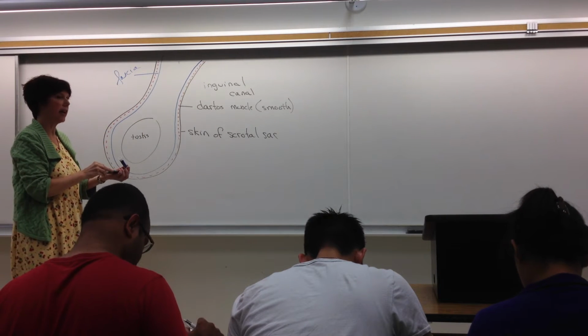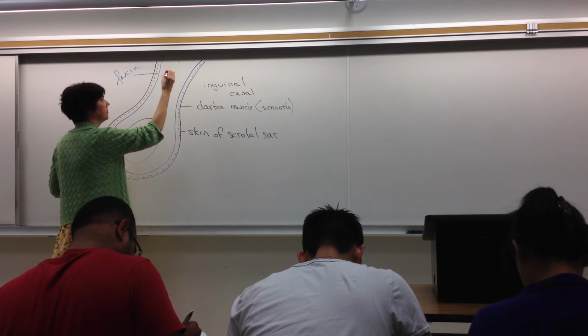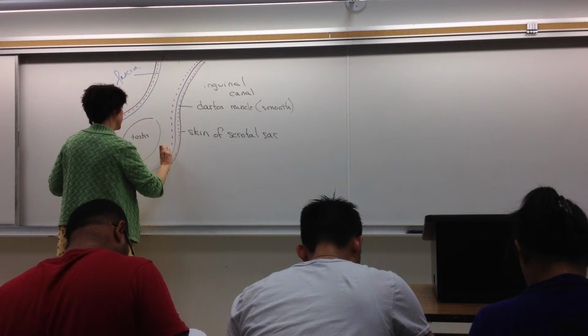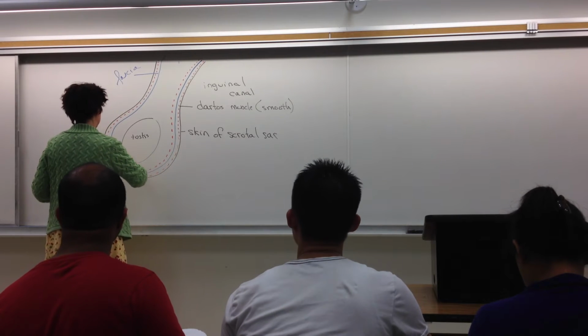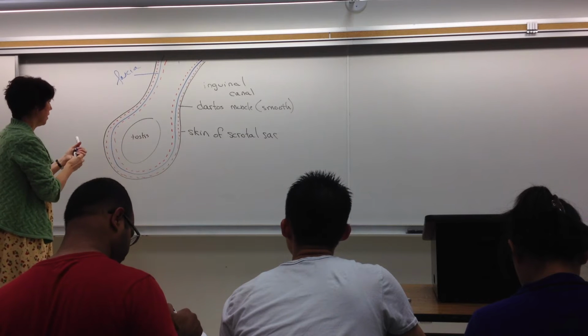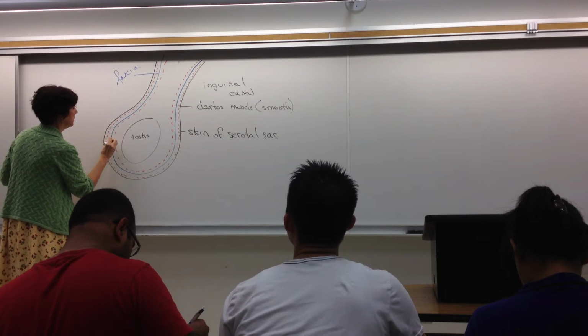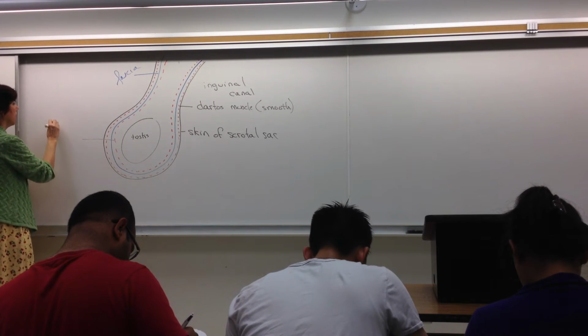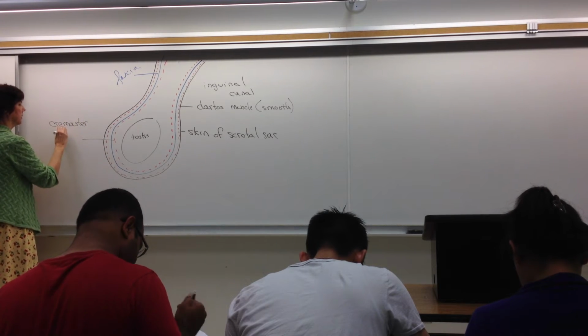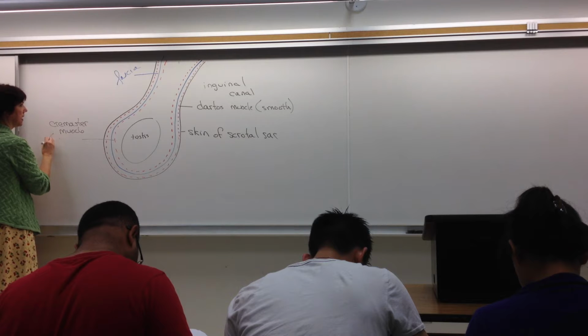And then we would have the layer of skeletal muscle fibers. This is the cremaster muscle. I want you to know that it's derived from the internal abdominal oblique. It's skeletal.